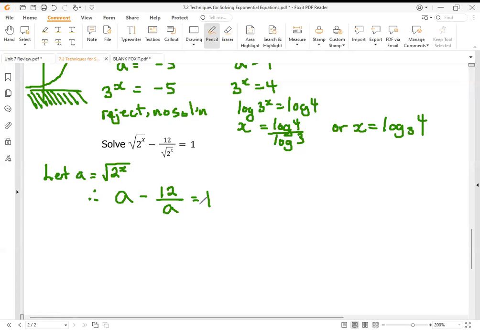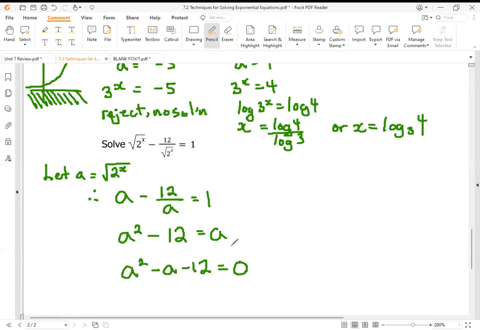What's the next annoying part about this? I'm hoping you're thinking it's the fraction, and that's okay. How about we multiply everything by that variable? And all of a sudden, we have a squared minus a minus 12 equals 0.